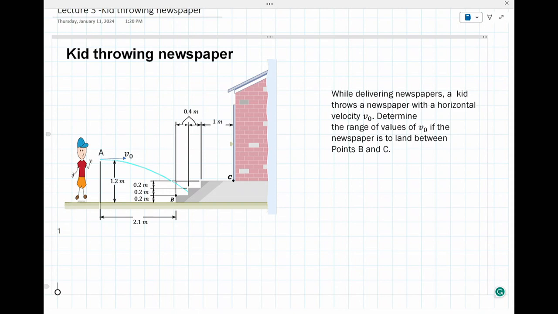So you're asked, while delivering a newspaper, a kid throws a newspaper with a horizontal velocity v sub naught. Determine the range of values of v sub naught if the newspaper is to land between points B and C. Kid throws it and ends up on your steps.